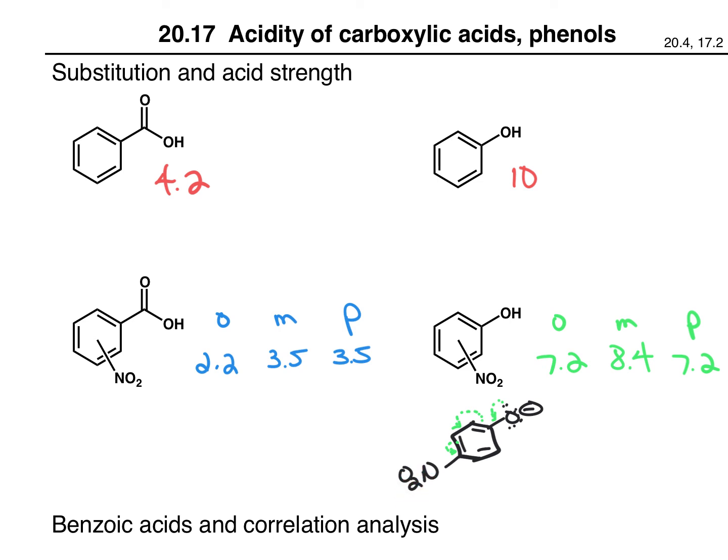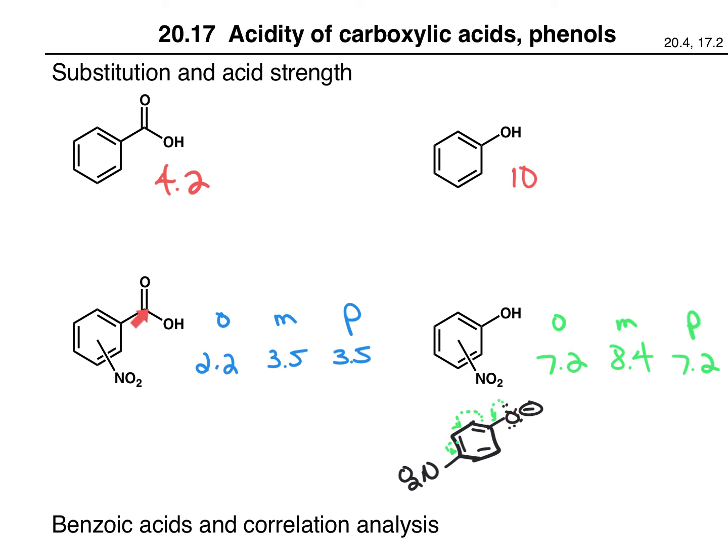So that's not possible with a meta position. So with a meta position, we're just talking mostly about inductive effect, and in general, the nitro group has an effect on the electron density in the ring. But the ortho position and the para position, those are directly connected by resonance with the reaction site.